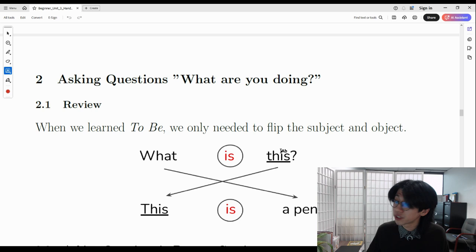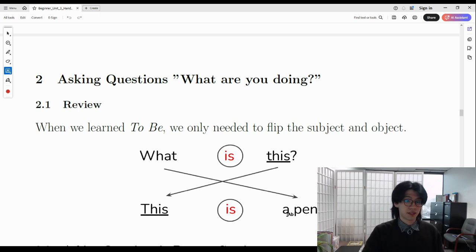For example, we can use, what is this for this one? When you have what is this, this is what you are asking for, so you would move that to the front as a subject of the sentence, and then give out what they are asking for. For example, this is a pen.